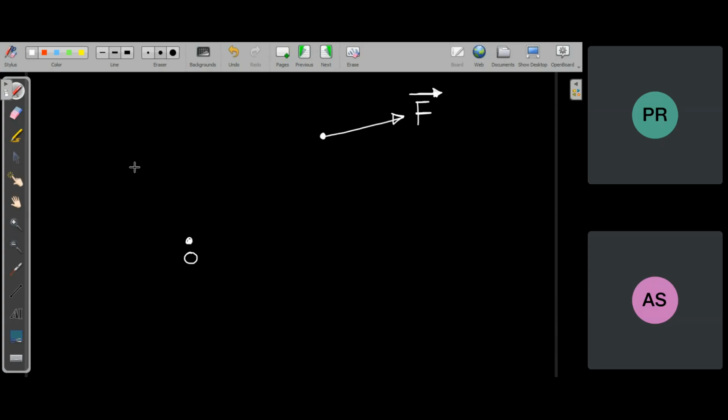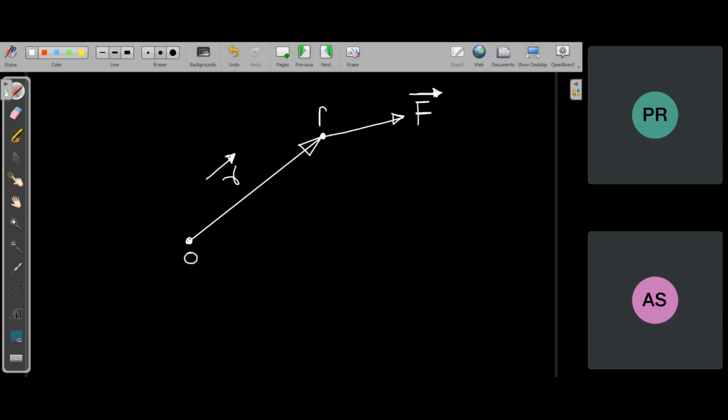And what is the r vector? The r vector is simply the vector joining the point where you have to find torque to the point where the force is acting. So this is the r vector. Now you can do r vector cross F vector. That will give you the torque about point O.